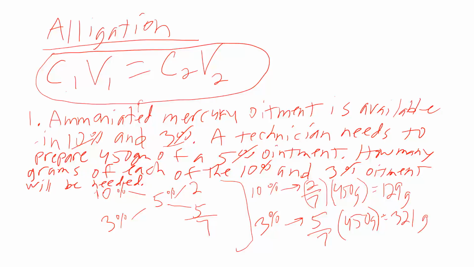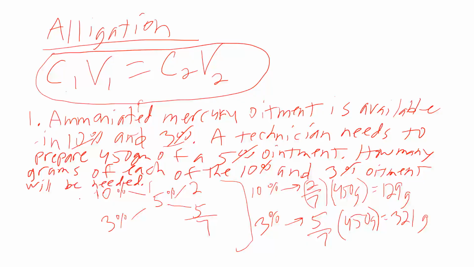So if you mixed 129 grams of the 10% with 321 grams of the 3%, then you get the 450 grams of the 5%. And I'm going to show you something that's going to be very useful.